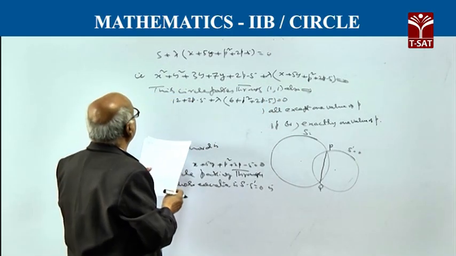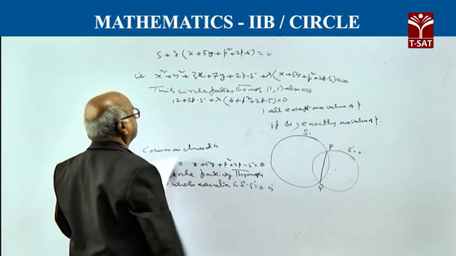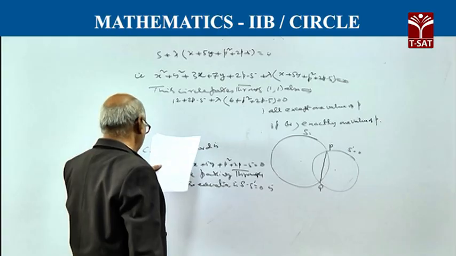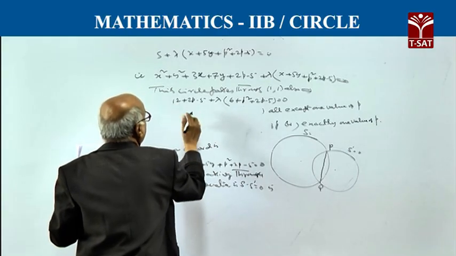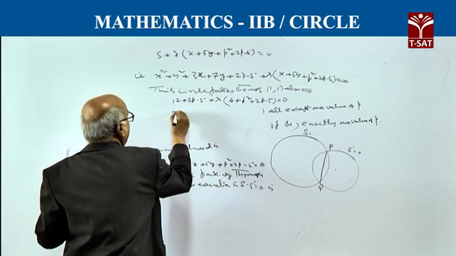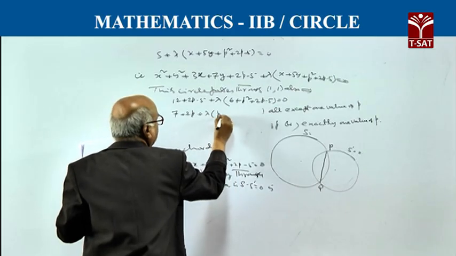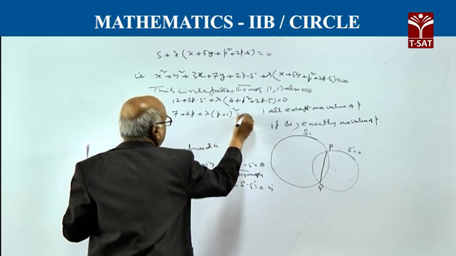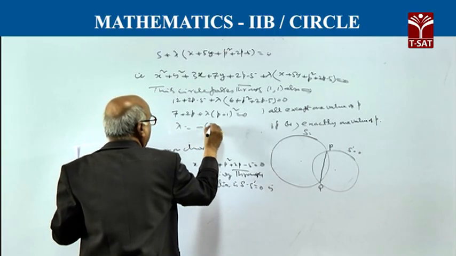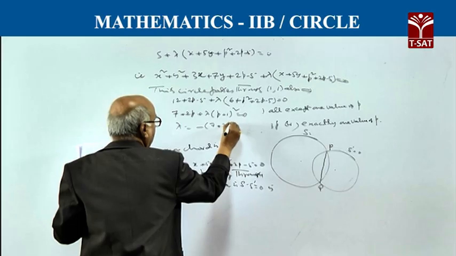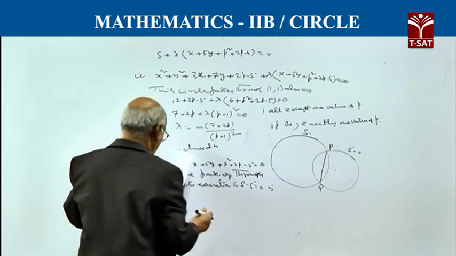So, 12 minus 5 means 7. So, 7 plus 2p plus lambda into (p plus 1) whole square is equal to 0, or lambda is equal to minus of (7 plus 2p) by (p plus 1) whole square.